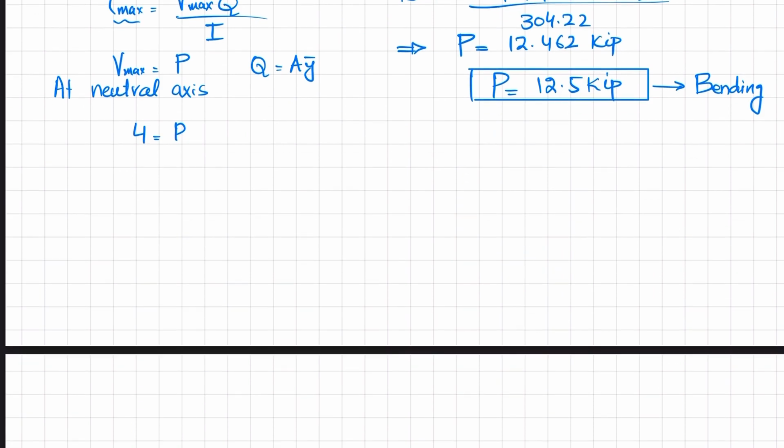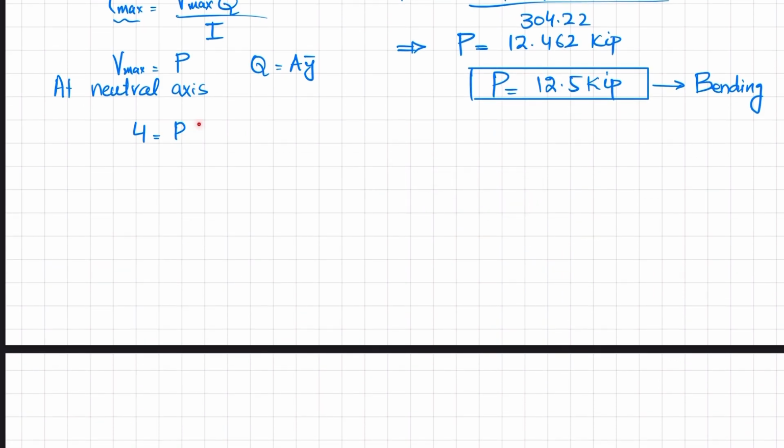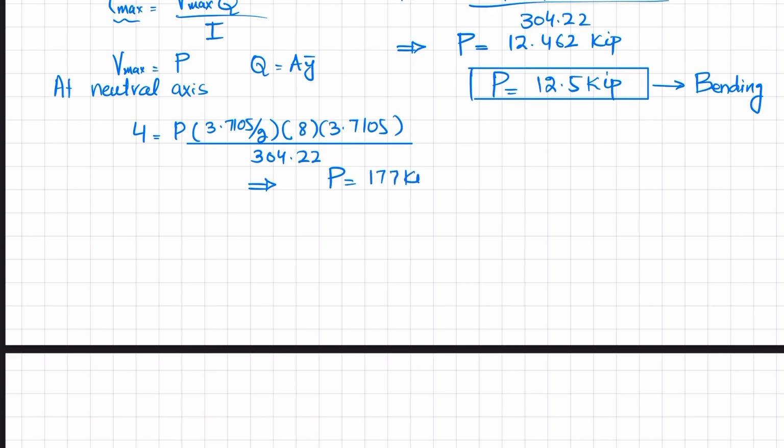So I will write it: P into Y dash, which is 3.7105 divided by 2, and area is 8 multiplied by 3.7105, divided by I, where I is equal to 304.22. So when you solve this you will get P is equal to 177 kips. That is for shearing stress.